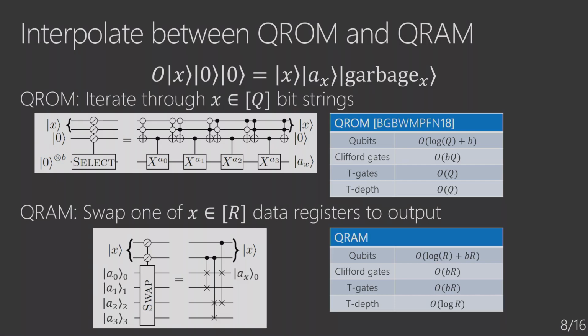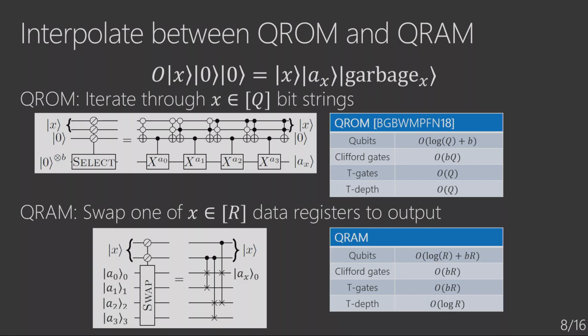We essentially iterate through all n possible bit strings. So the first gate is controlled on the 0 state. If it's 0, 0, you apply an X onto that register, and then controlled on this, you apply a controlled X gate, where this is classically controlled by the value of the bit you want to apply.